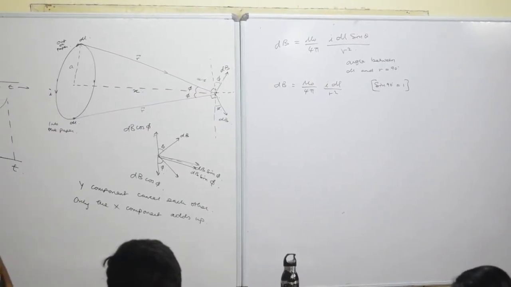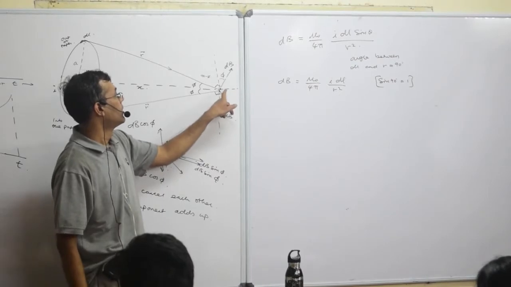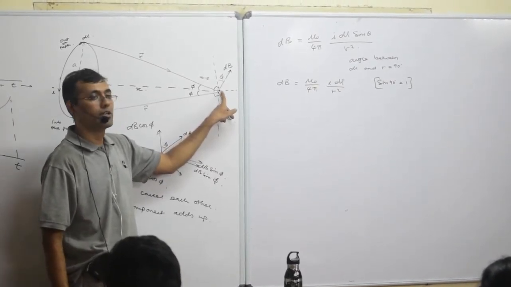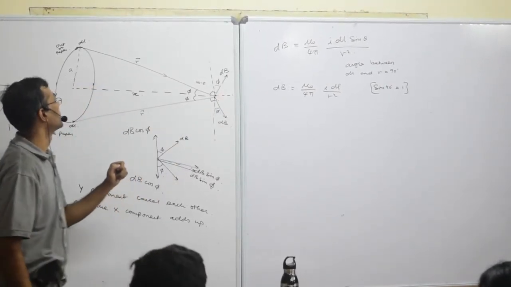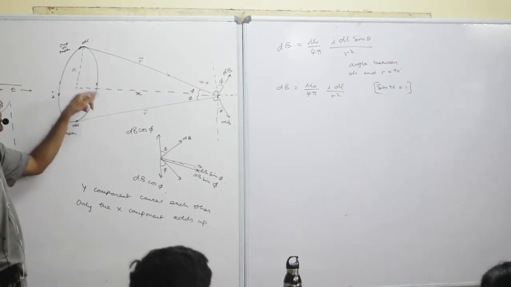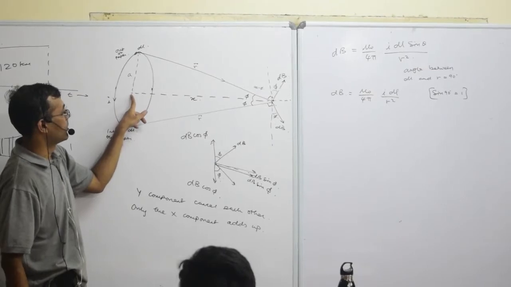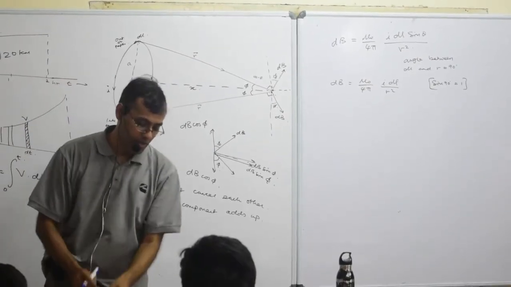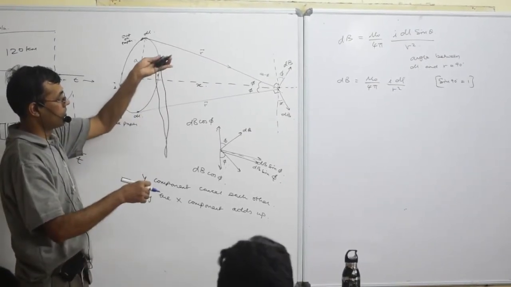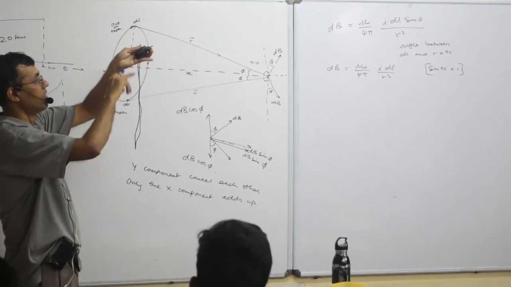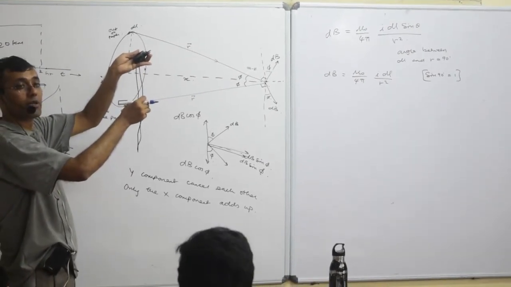But my target right now is to find out the total magnetic field at this given point. Okay. So in your question they gave you a radius a, they gave you the current flowing through the conductor which is I, and then they said, let's say 10 amps current is flowing through this conductor and the radius is, let's say, something like 20 centimeter, right?